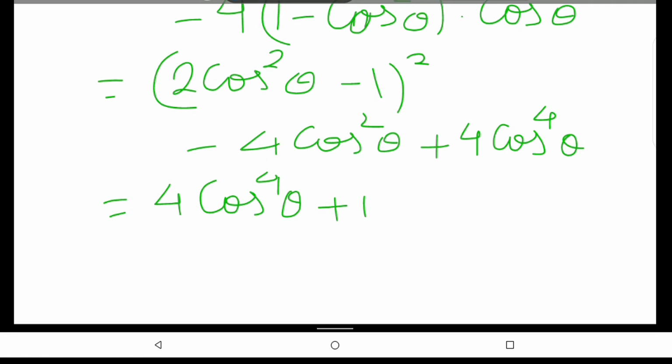So that's the expansion of a square plus b square plus 2ab. Since we have minus 1 here, let's write that minus 1 in the front to have minus 2ab.